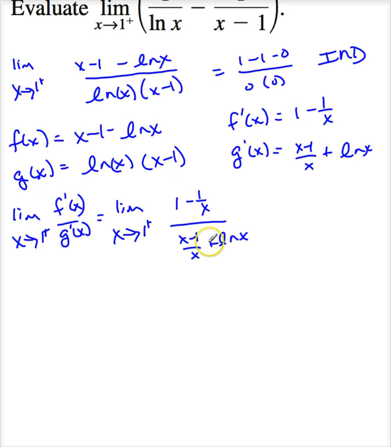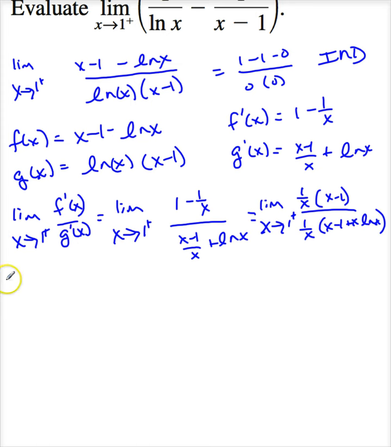Let me extend my page here. So let me just get a common denominator. So this is the limit as x goes to 1 from the right, and I'm going to pull out a 1 over x in the numerator. So this is x minus 1 divided by, and pull over 1 over x in the denominator as well, because those will go away. x minus 1 plus x log x.